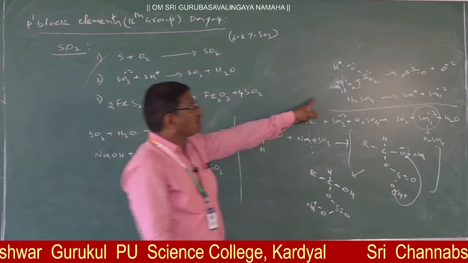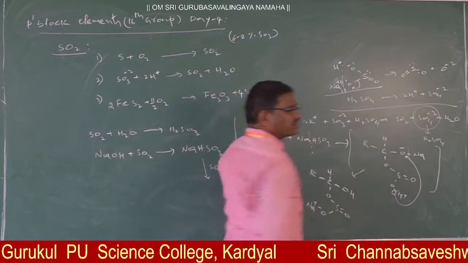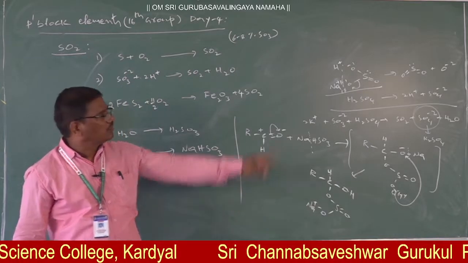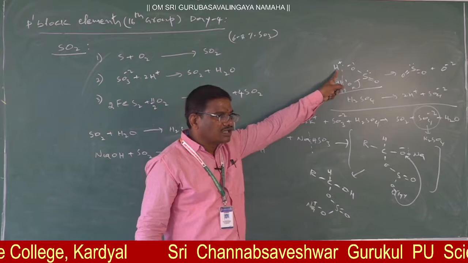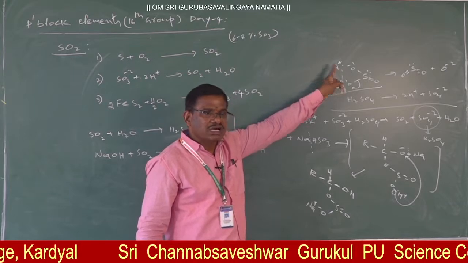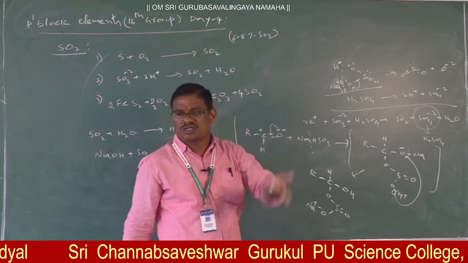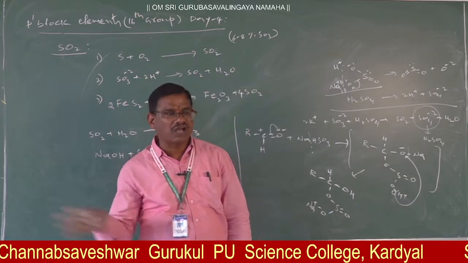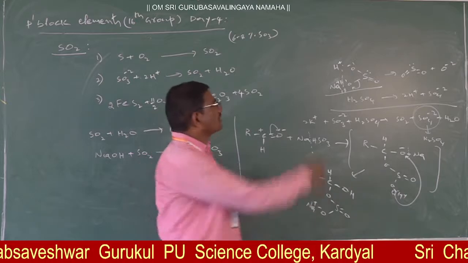Here this salt, sodium bisulfite, is an acidic salt. Here H plus is there. Acidic salt, basic salt, neutral salt, mixed salt, complex salt: these are the types of salts. It is an acidic salt.